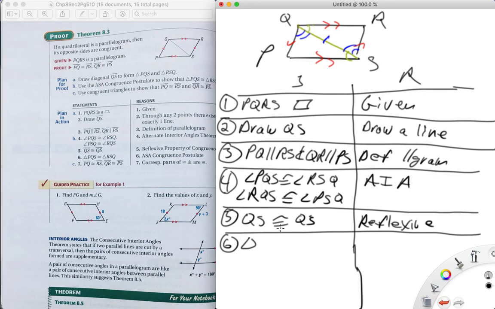Triangle PQS is congruent to RSQ, because of angle side angle.